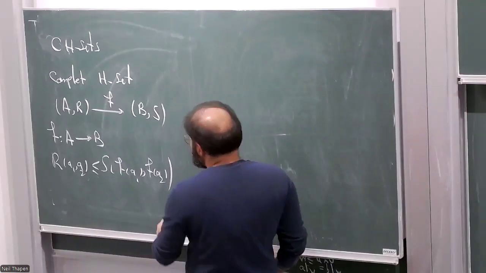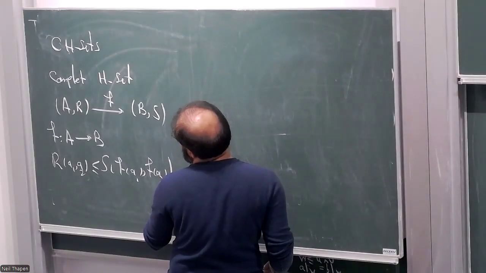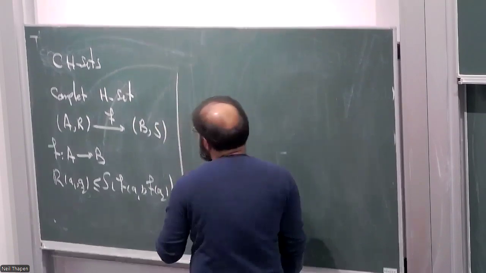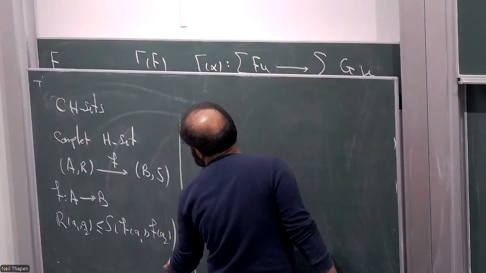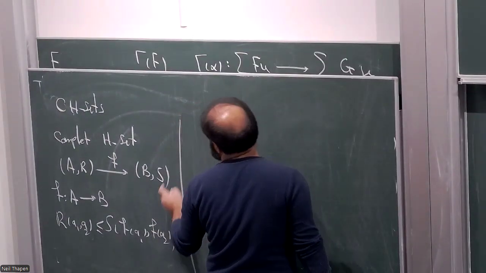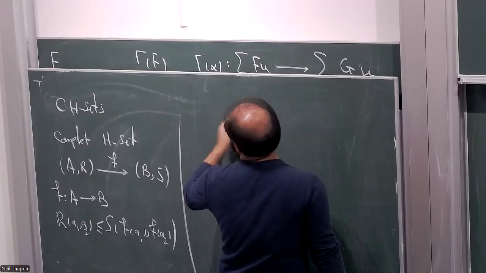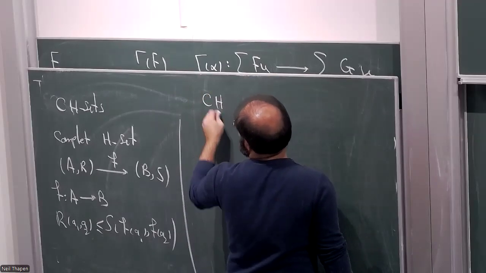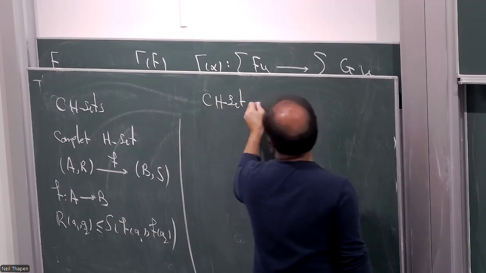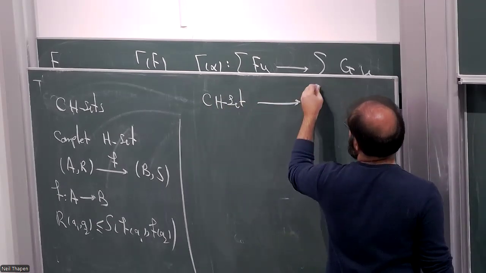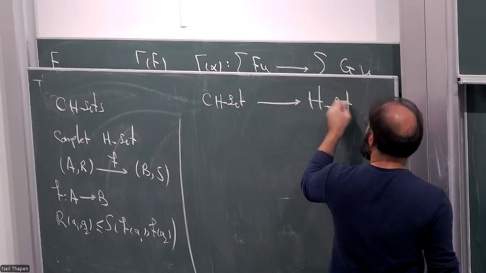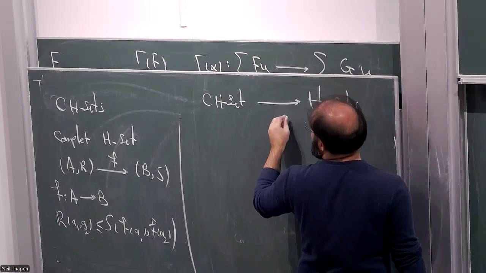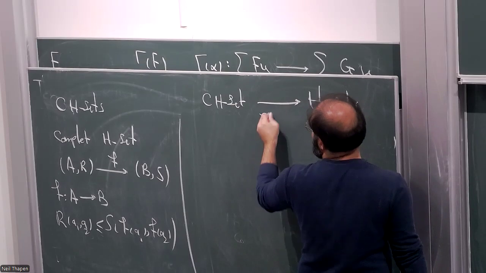But anyway, this is a category of H sets. Probably I'm a bit loose here. But the main thing is that the map that we had, the inclusion actually, that maps CH sets to H sets, that is actually an equivalence.